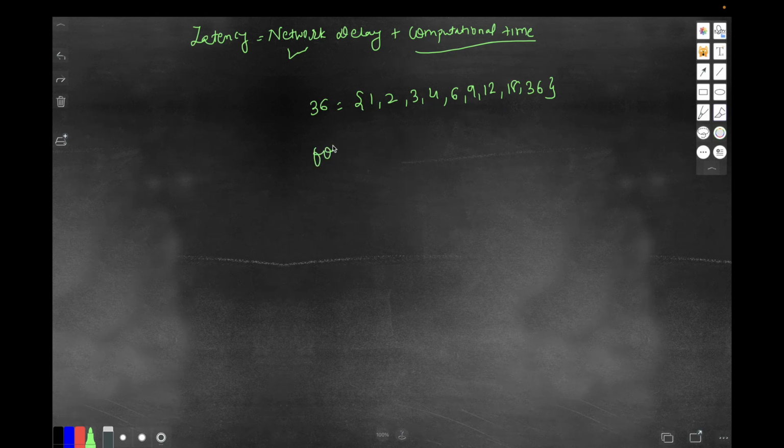So we have to execute till n, right? So i is equal to 1, we will start from 1, and i is less than or equal to n. Let's suppose this is our n. i plus plus, we are increasing by 1, and we will check here that if n modulo i is equal to 0, then that number has divided my n, and we will increase the counter.